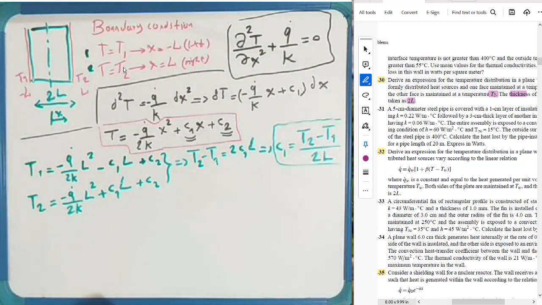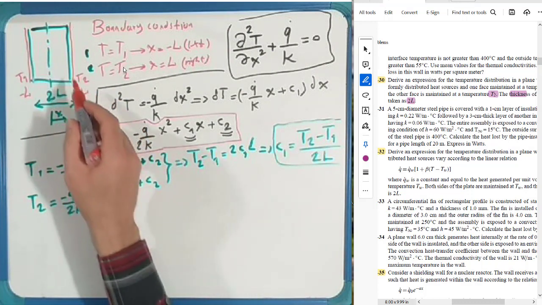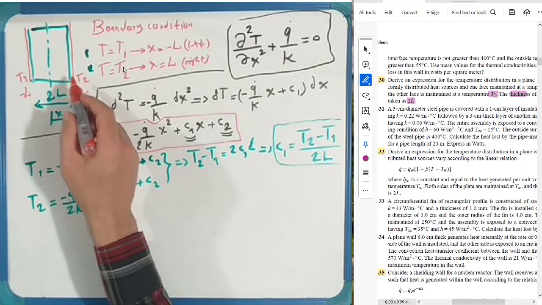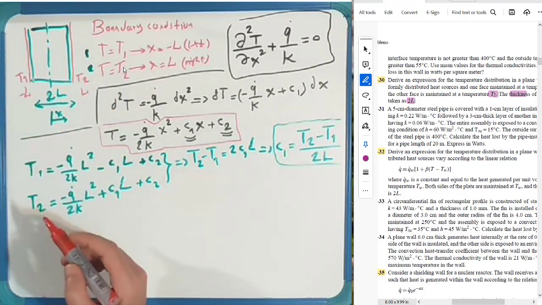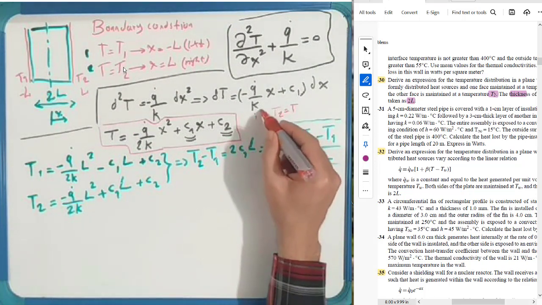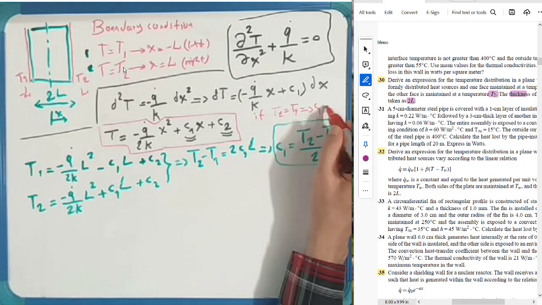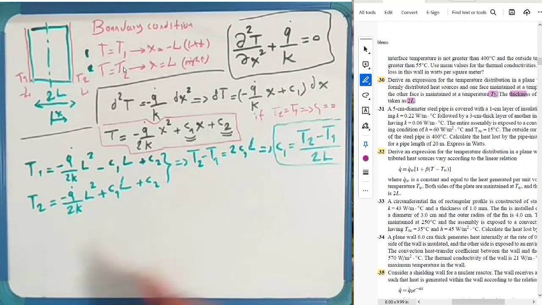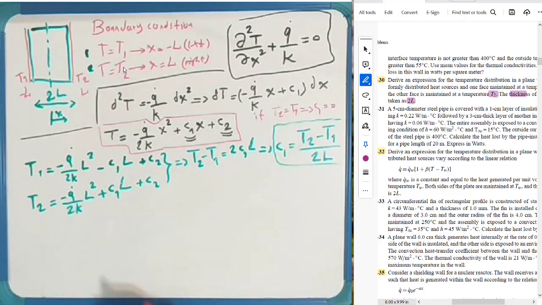This is one of the formulas I want. From this one I can conclude that if the temperature of the right side of the wall equals the temperature of the left side, meaning T2 equals T1, then C1 equals 0. But here T2 does not equal T1.